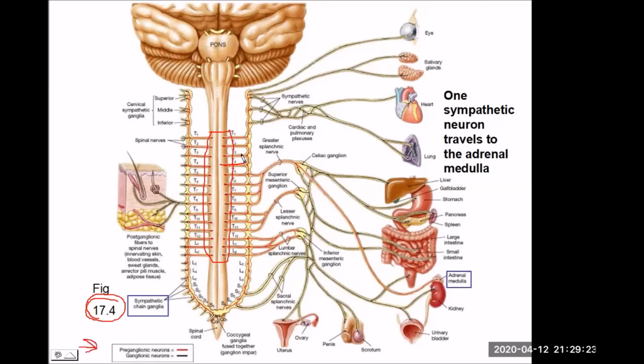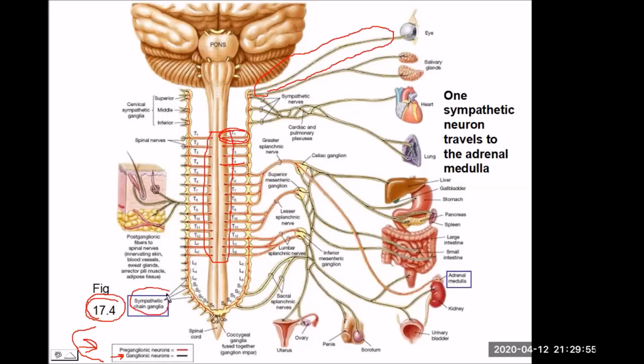So the preganglionic axon seen in the red color, and you can see it has a relatively short length to it, whereas the postganglionic, or also just known as ganglionic neuron, here in black, it has a much longer length to its axon. And we could also notice that these two different motor neurons, the preganglionic and the postganglionic, they have this interaction at the sympathetic chain ganglia.